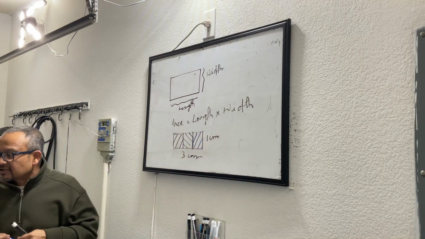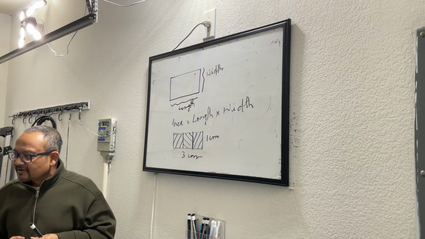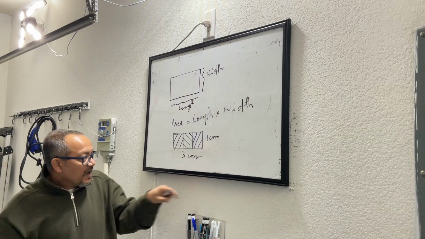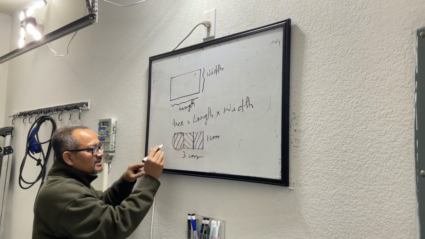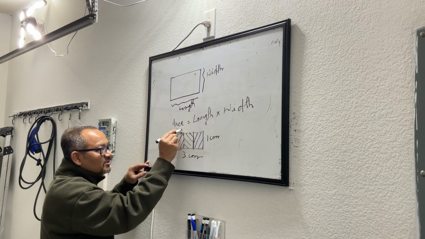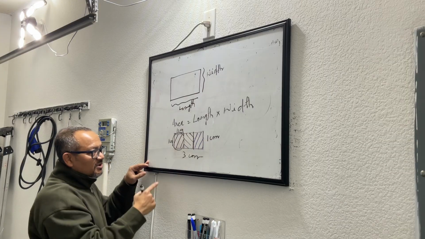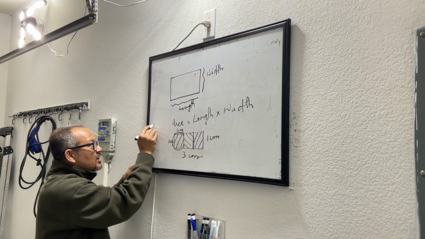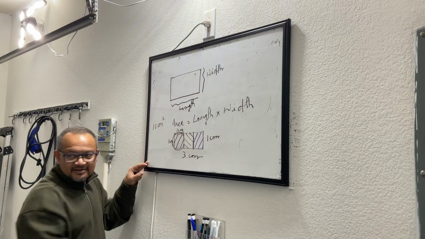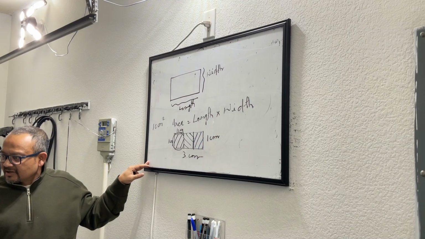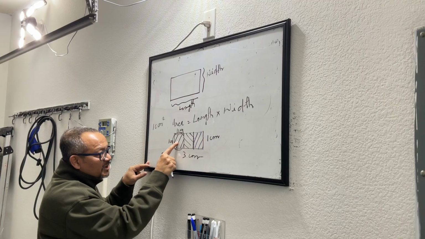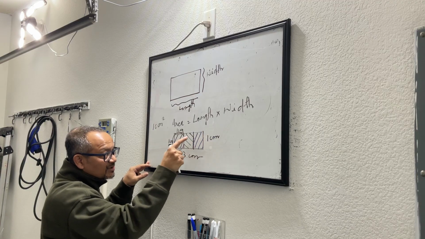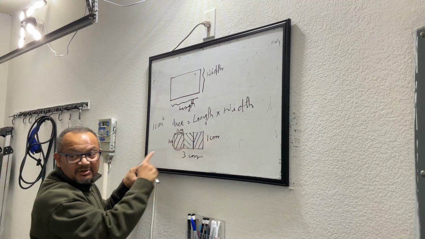So you are seeing 3 squares here. Every square I will give it a name. This square, this side is 1 centimeter, this side is 1 centimeter. So I can give it a name saying 1 centimeter square. So when you look at this whole rectangle, this is 1 centimeter square, this is also 1 centimeter square, this is also 1 centimeter square. So you have 3 centimeter squares.